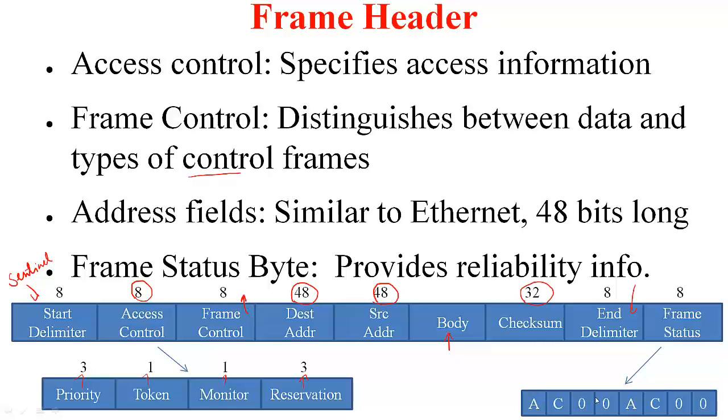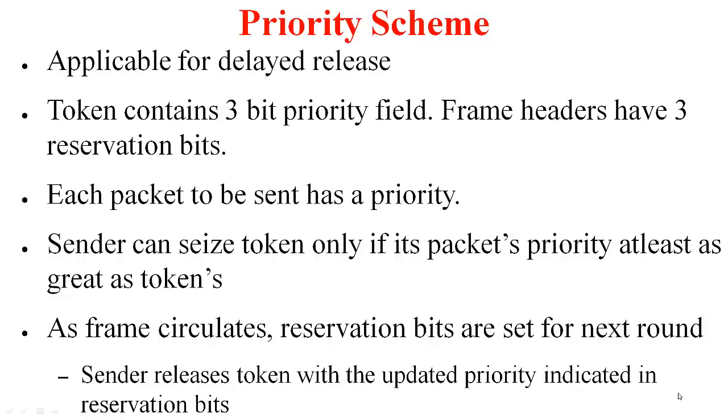I will cover that shortly. Unlike Ethernet, token ring provides a rich set of services, one of which is priority-based service. Normally in networks, certain packets have higher priority than others. For example, real-time application packets, video or audio. Why higher priority? Because these packets cannot really wait for longer times because they have delay constraints.